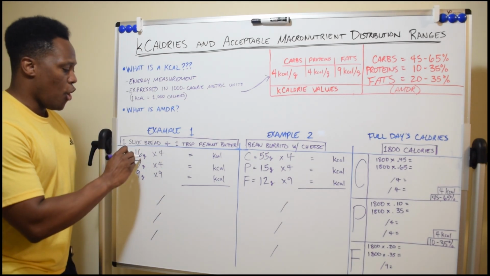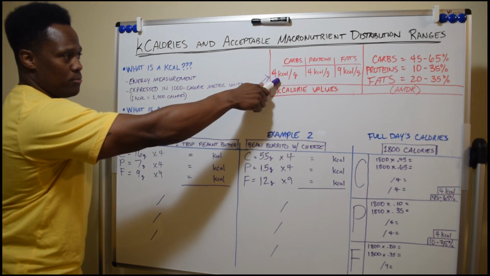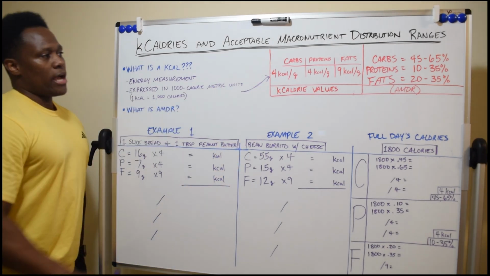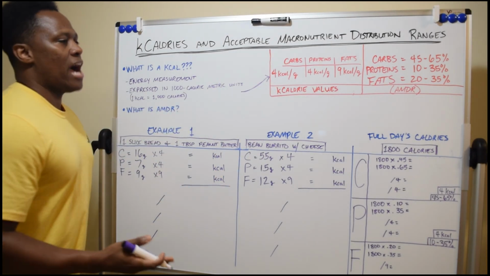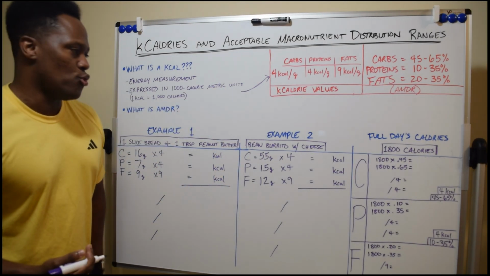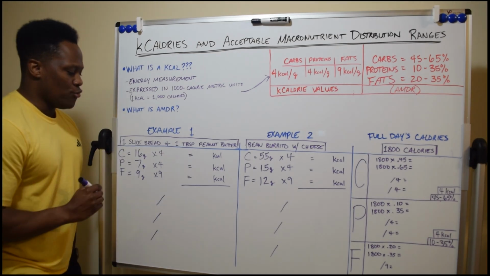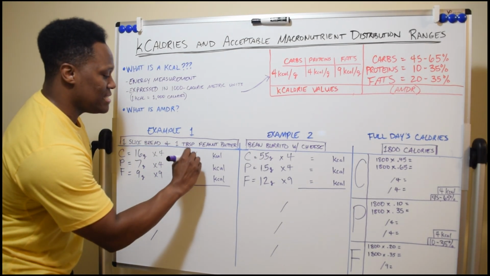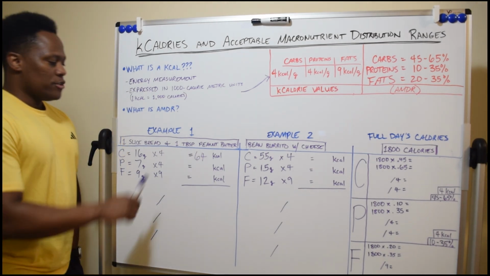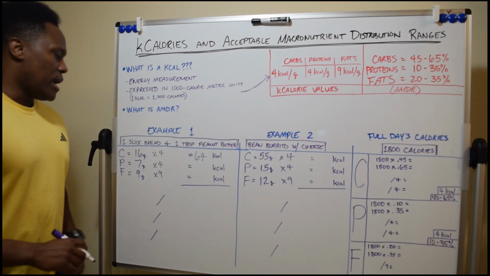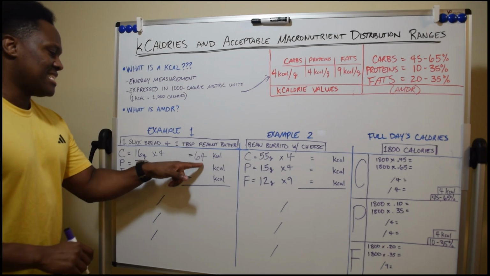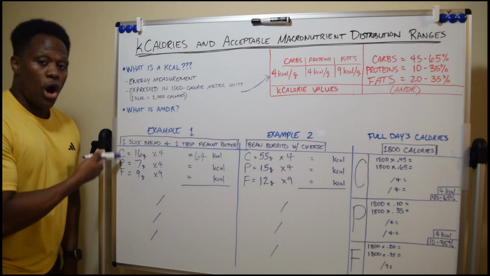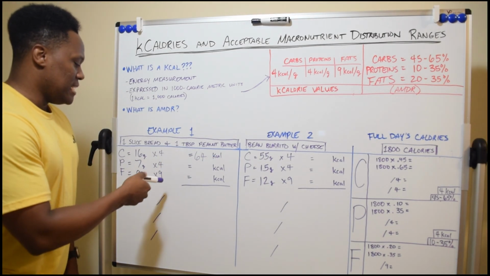For the carbs, based on what we've written up here, we already know that carbohydrates give us 4 kCalories per gram of carb consumed. So when you have 16 grams of carbs, you simply multiply that by 4, and that's going to give us 64, right? So a slice of bread and a tablespoon of peanut butter will give us 64 kCal from carbs. Now proteins, right?